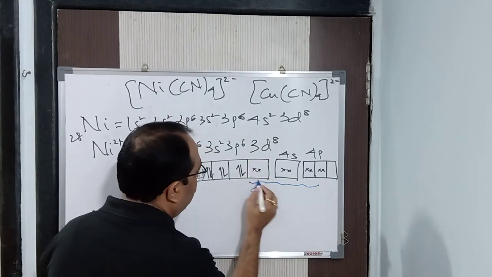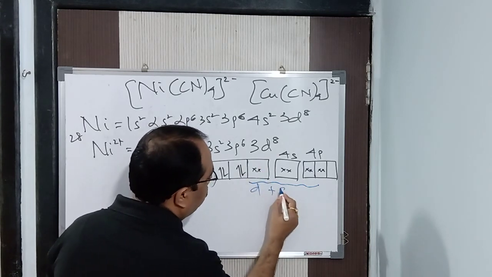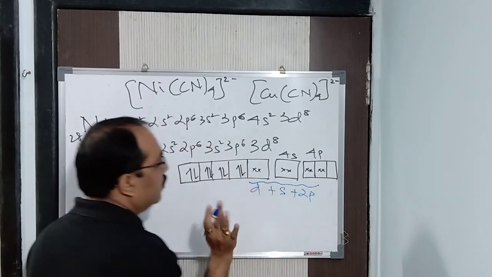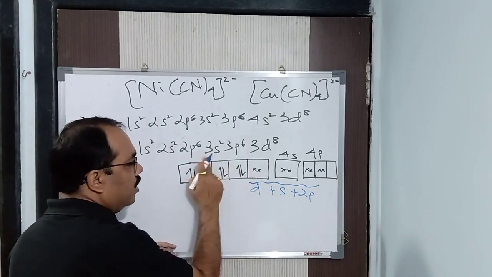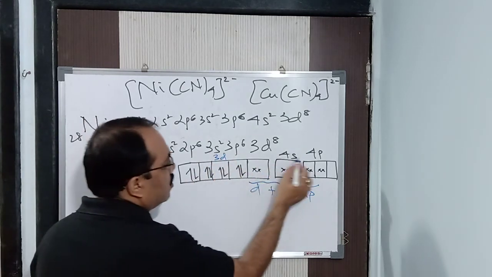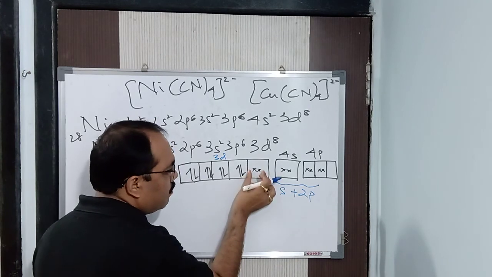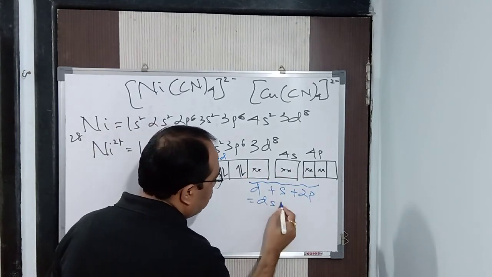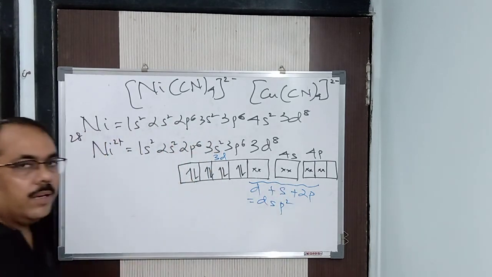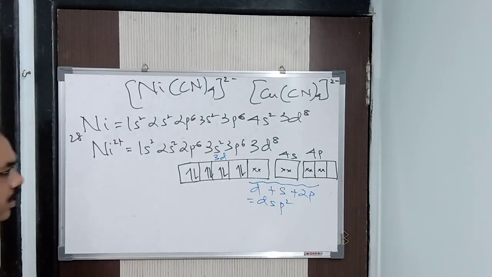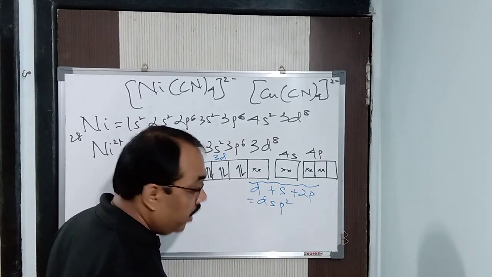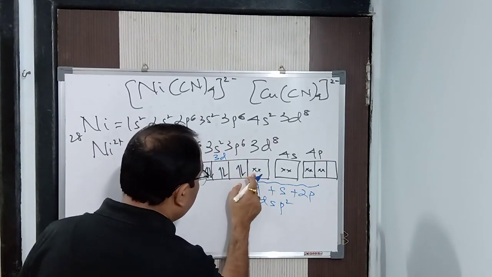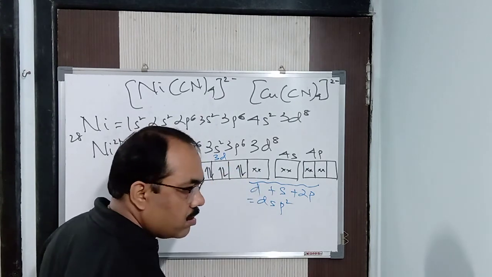This is your 3d subshell, this is 4s and 4p. So 1 d subshell, 1 s subshell and 2 p subshell. So it is nothing but dsp2 for that reason. The hybridization is very simple. dsp2.